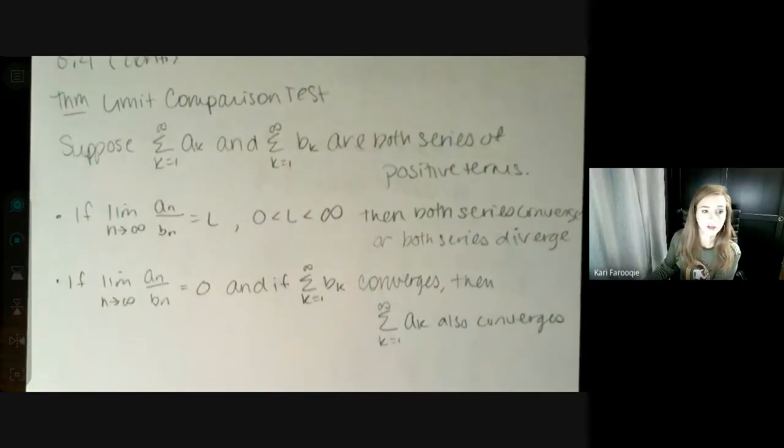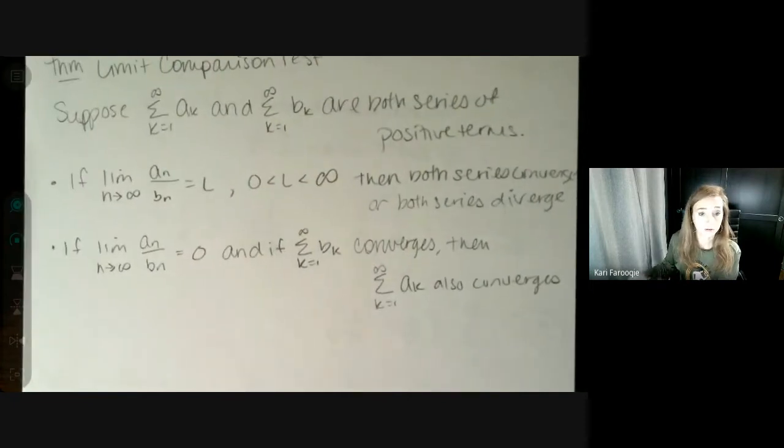So even though getting a limit of 0 is not great, it could be just fine, assuming that your comparison series converges. So if your comparison converges and you get a limit of 0, well then both series are going to converge.